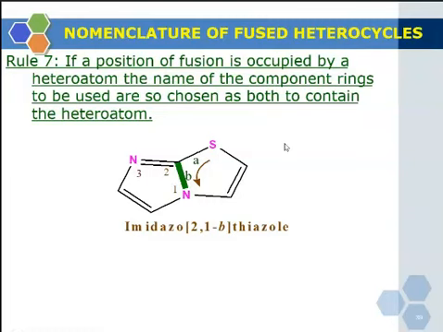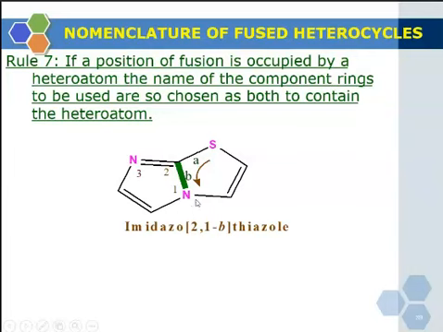Rule number 7 says if a position of fusion is occupied by a heteroatom, here remember, in the examples that we saw till now, the site of fusion all the times contained carbon. However, here we can see the site of fusion is bearing a heteroatom.